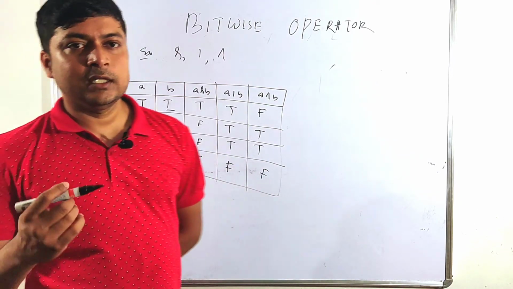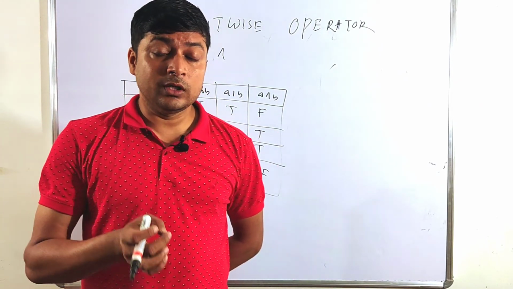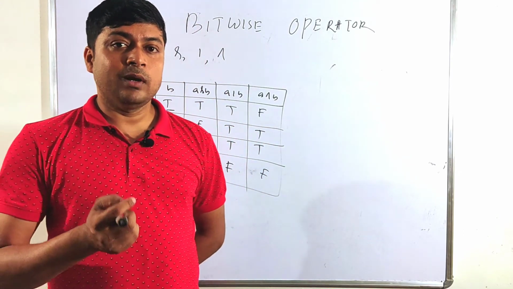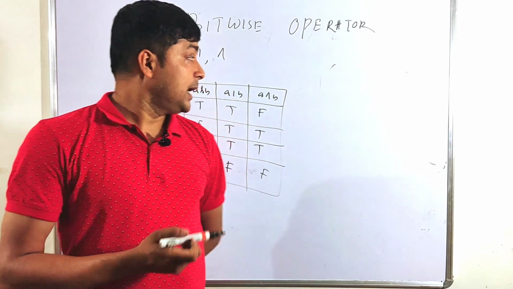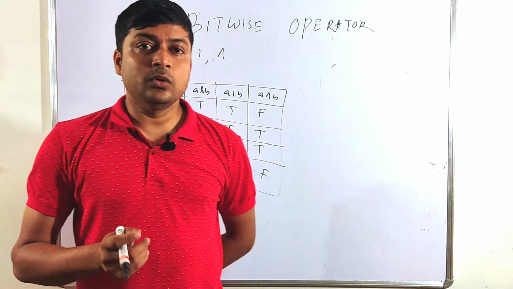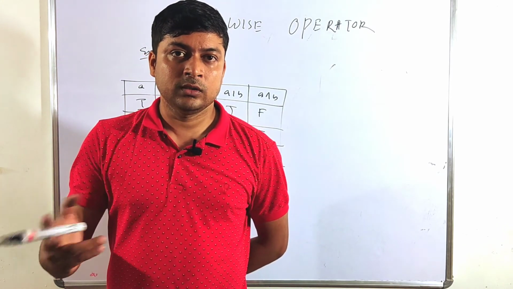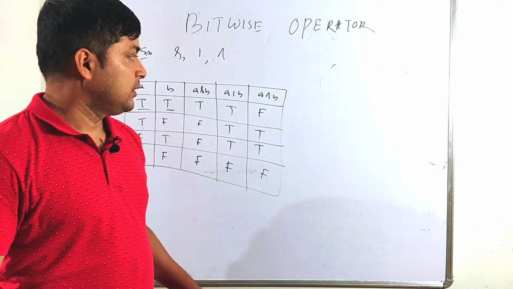A AND B means if both conditions are true, the answer is true, otherwise false. A OR B means if any one condition is true, the answer is true, otherwise false. And A XOR B means if both conditions are the same, the answer is false, otherwise true.